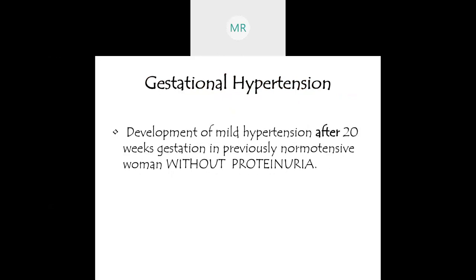Okay. Now, gestational hypertension: you are now pregnant and you have acquired gestational hypertension. This is the development of mild hypertension after 20 weeks gestation when you were previously normal, and this is without proteinuria.